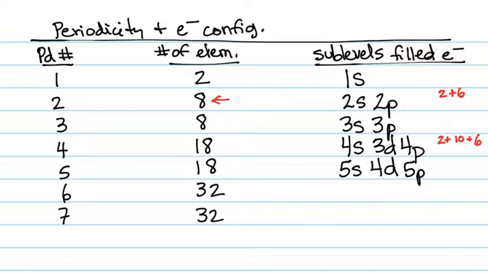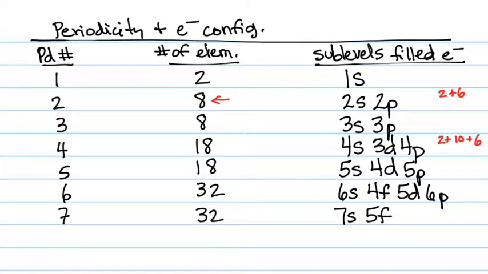And then down in period 6, we start off with 6s. We move to 4f, 5d, 6p. And again, you take the 18 we had previously, f sublevel can hold 14 electrons. 18 plus 14 is your 32. And then we have the same thing going on within that last one.